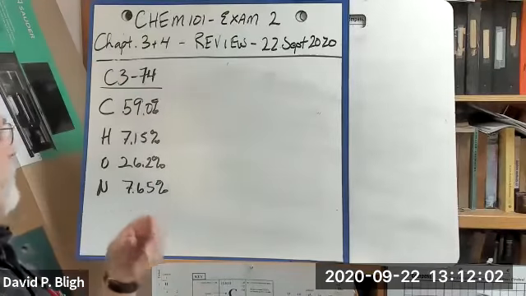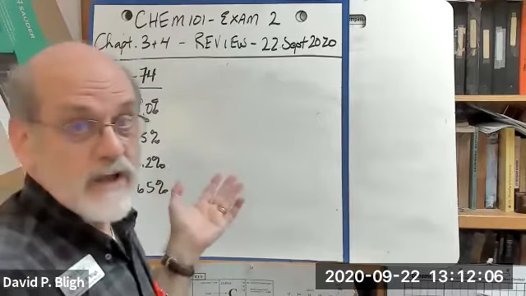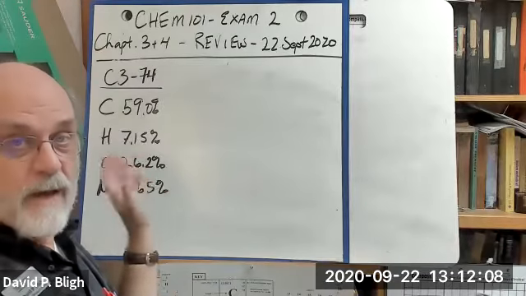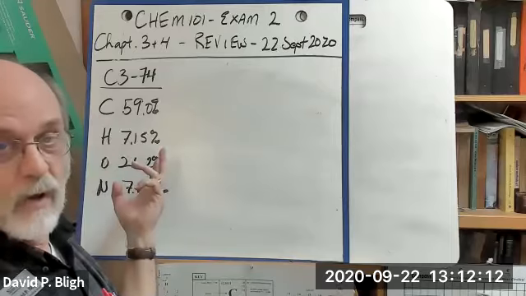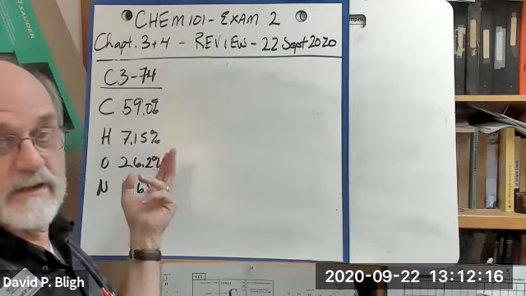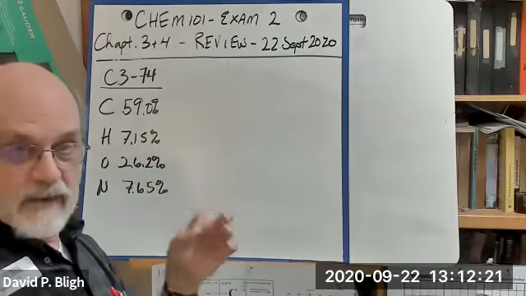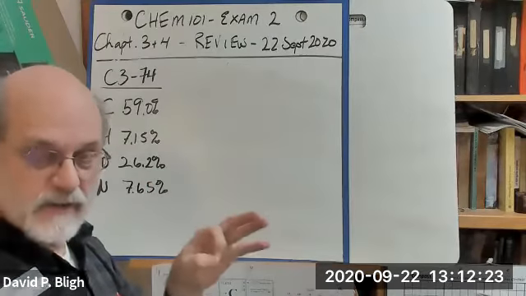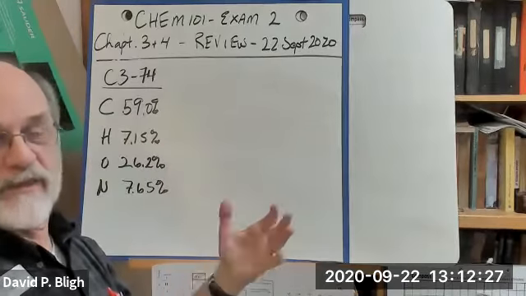So what's the first step? We can't find out what the mole ratio of these elements in the compound is because we don't have moles. All we've got is percent, and percent is even a dimensionless number. But if we know that it's percent by mass, then it's 59 grams per 100 gram sample.